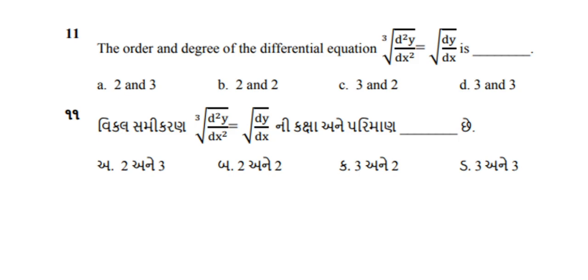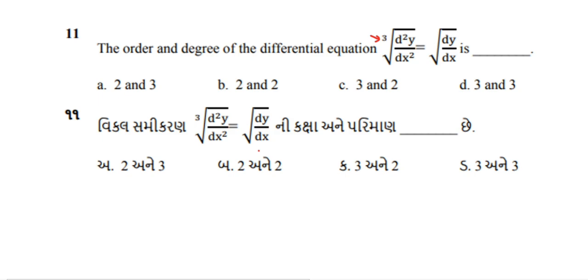The degree is the highest power to which a derivative is raised. So simply, I have to eliminate this third root and this square root. Let me write this equation and solve it.